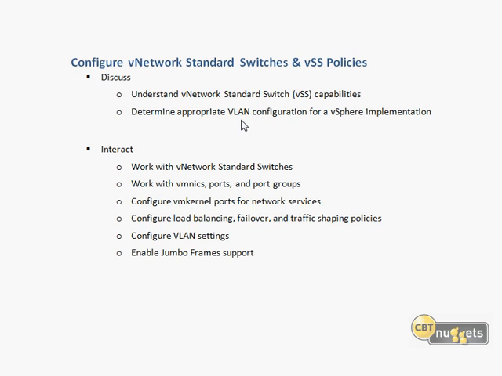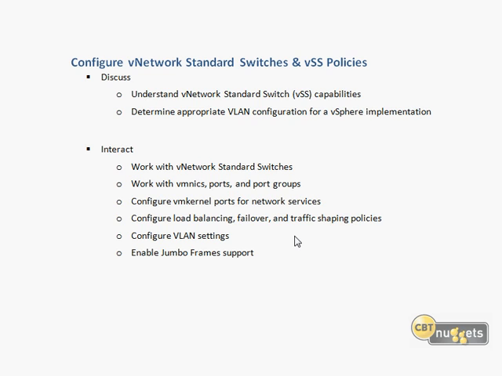Then when we get into the click-by-click part, we're going to talk a little bit about how you can interact with those standard switches and create and administer VM NICs and ports and port groups, VM kernel ports and network services, and all the other fun things that are required in order to get a switch into a usable configuration for how your virtual machines are going to need them.